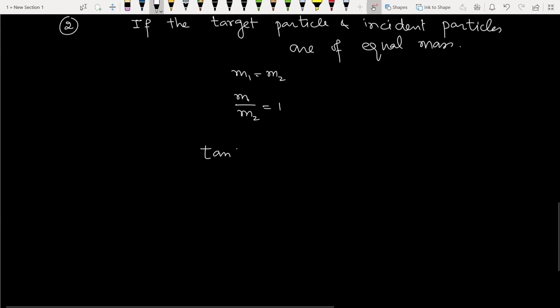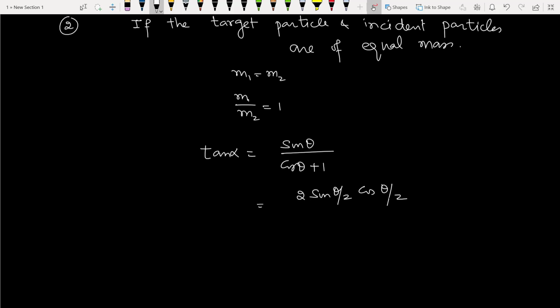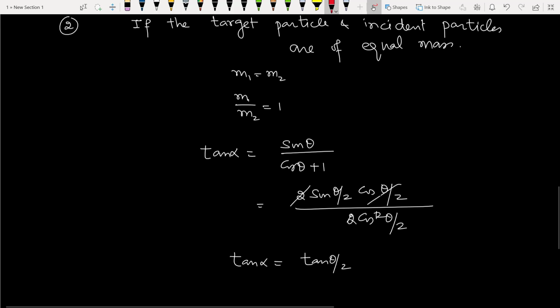So tan alpha equals sin theta over cos theta plus 1. We can simplify it like this, and 1 plus cos theta is 2 cos square theta by 2. So the 2 cancels out, and tan alpha will be equal to tan theta by 2, which implies alpha is equal to theta by 2.